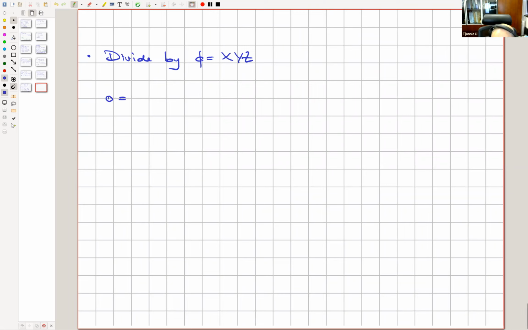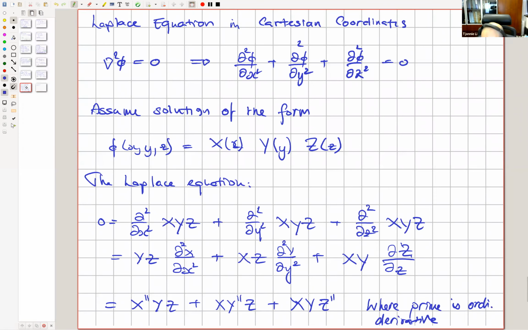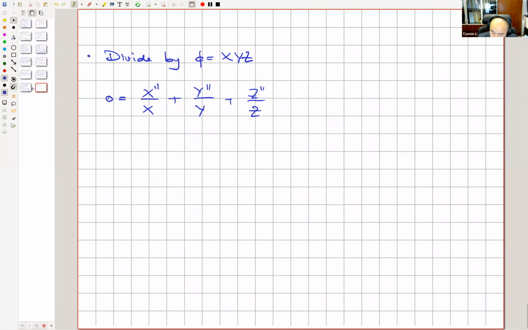We get this equals X prime prime over X plus Y prime prime over Y plus Z prime prime over Z. Okay, so indeed here, if I divide by X, Y, and Z, the functions, the Y and Z cancel, and I get X prime prime over X. And similarly for the other terms. So that ultimately I get something that looks like this.